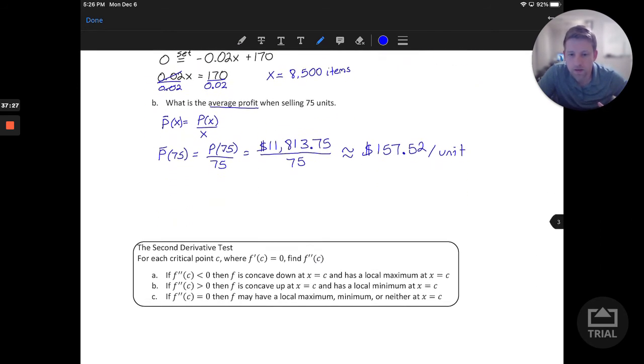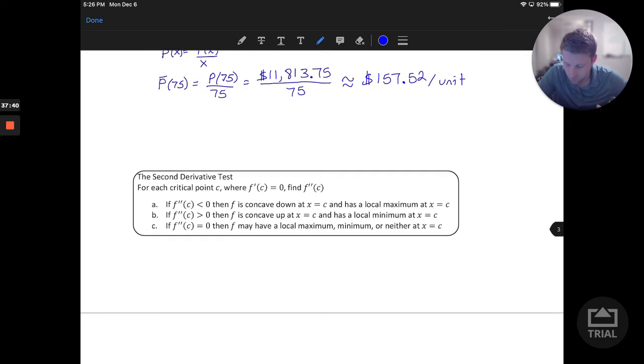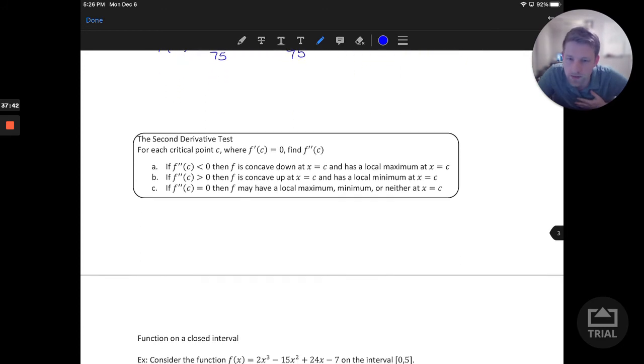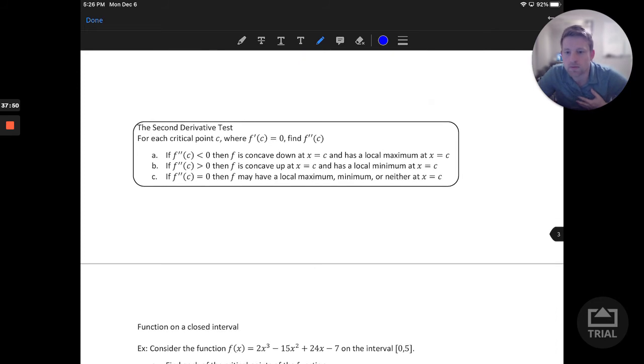Wanted to give you guys just another reminder. We looked at the first derivative test. This is the second derivative test we looked at in our previous section 2.6. This was another way we could test critical points if they were maximums or minimums. Sometimes it'll be a question of whether or not we should use a first derivative test or a second derivative test.